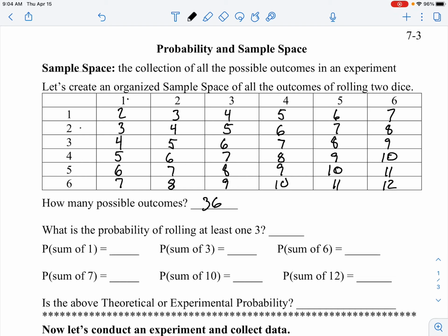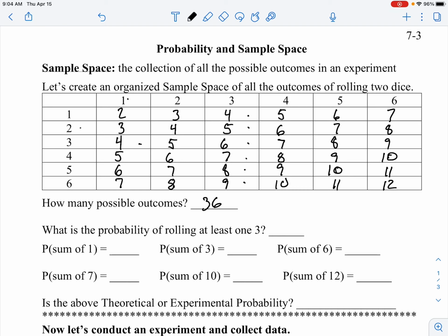All right, so what is the probability of rolling at least 1 3? Well, we've got to count our 3 row here, so rolling at least one of our dice being a 3, so we've got 1, 2, 3, 4, 5, and 6 here.